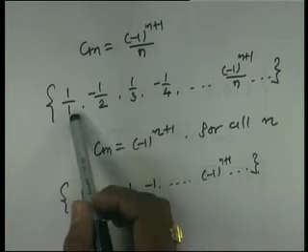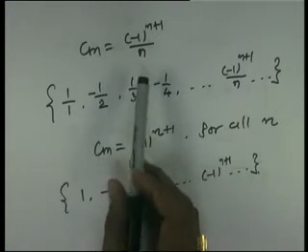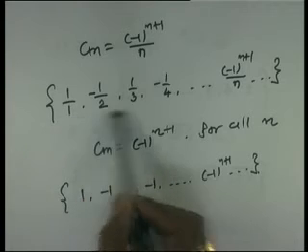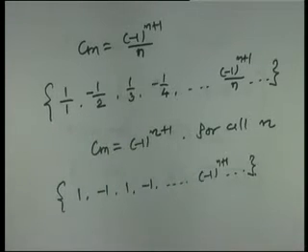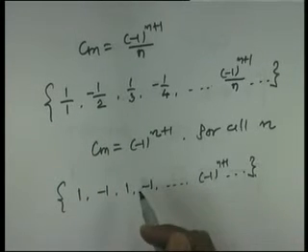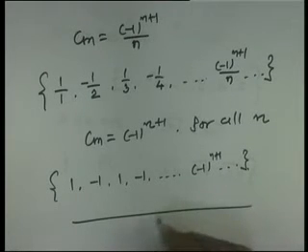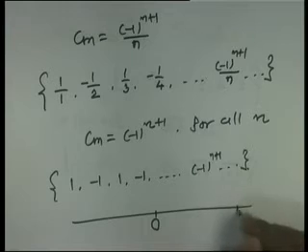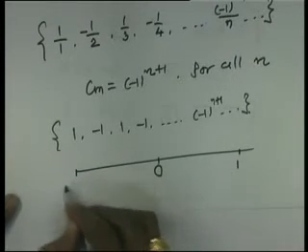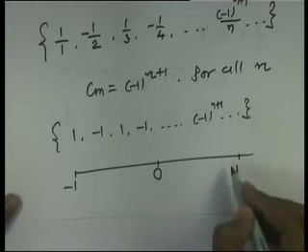Here we have seen this sequence (-1)^(n+1)/n. We can see that it has a finite approach. We can also put this on the geometry: suppose this is 0, this is 1, this is -1.